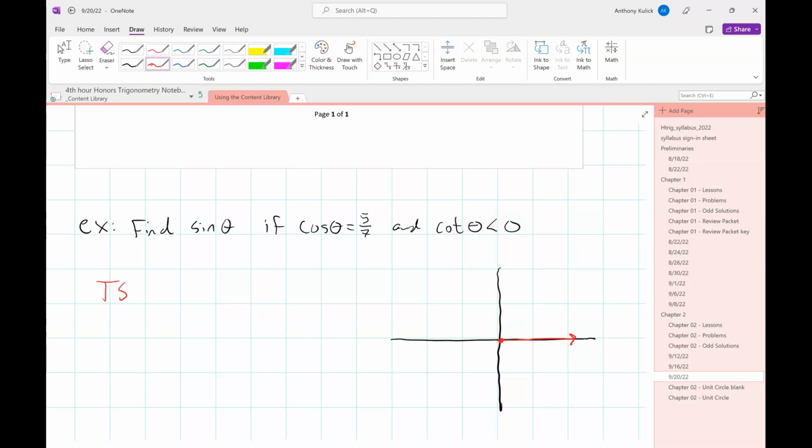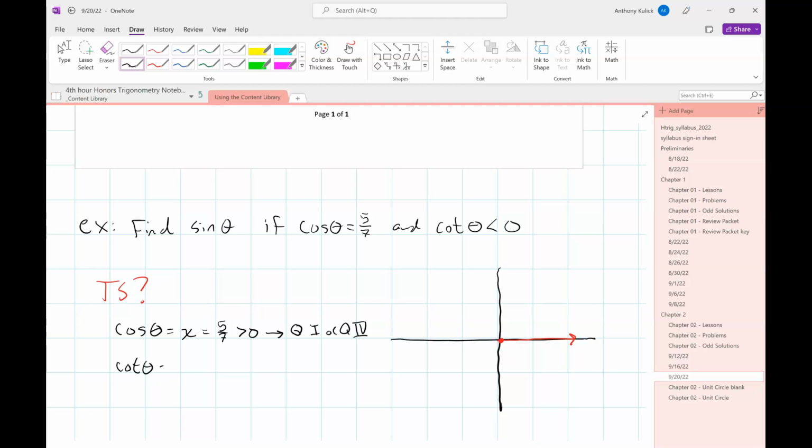Well, I remember that on the unit circle, cosine is equal to x. And since this is equal to 5/7, I know that x is positive. So that tells me I'm either going to be working in quadrant 1 or quadrant 4. Everybody agree with that?